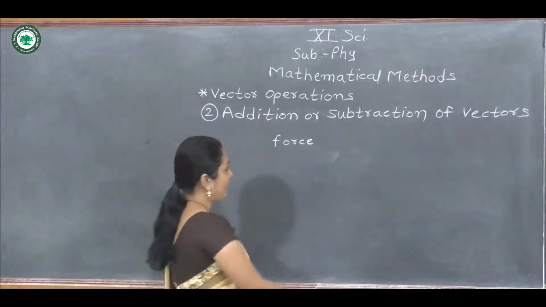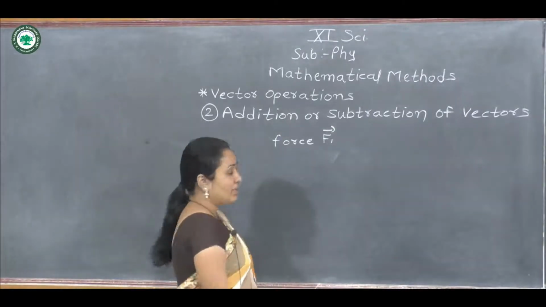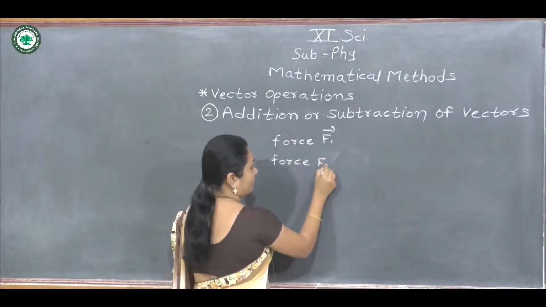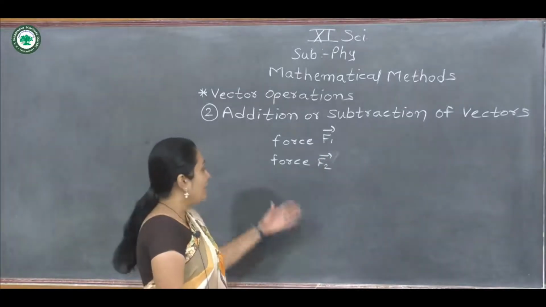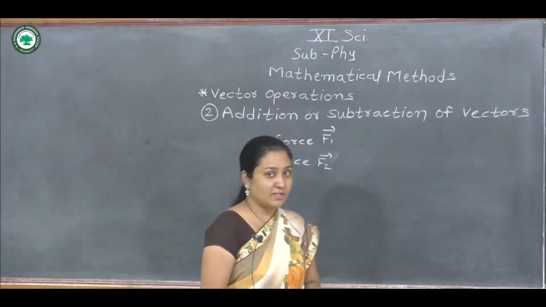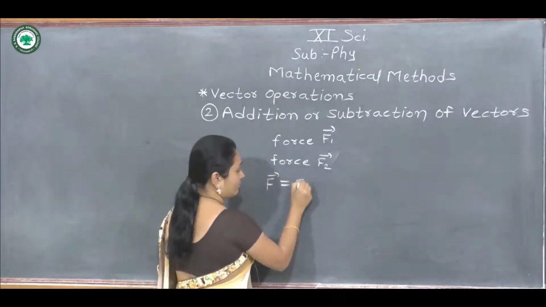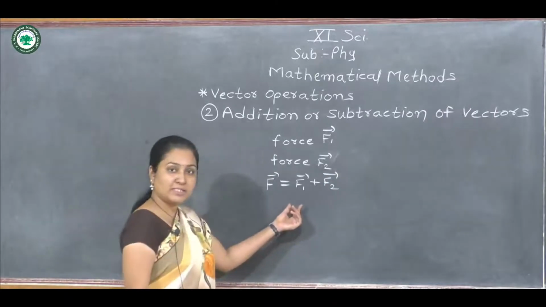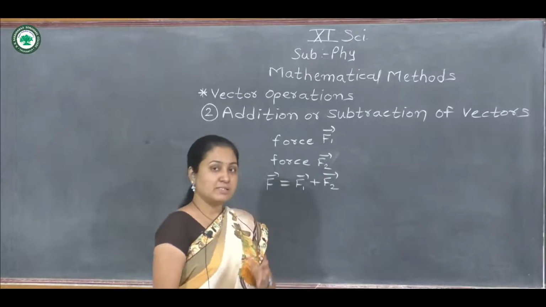Suppose the first vector is force F1 bar, the second vector is force F2 bar, then the resultant of these two vectors by addition will be F bar is equal to F1 bar plus F2 bar.